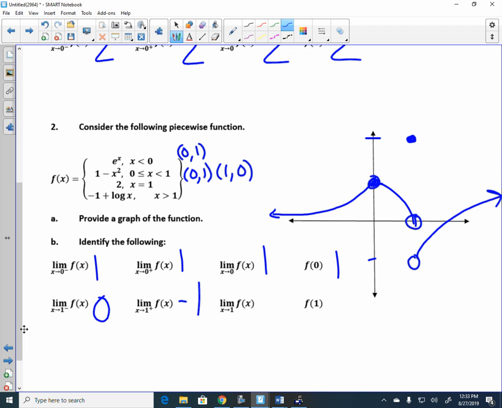Limit as x goes to 1 does not exist. f of 1, 2. These all 4 are different. Everybody clear? There you have it. So a continued investigation of limits, a little bit more complicated in terms of piecewise functions.